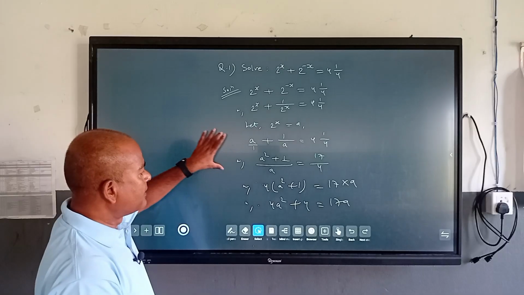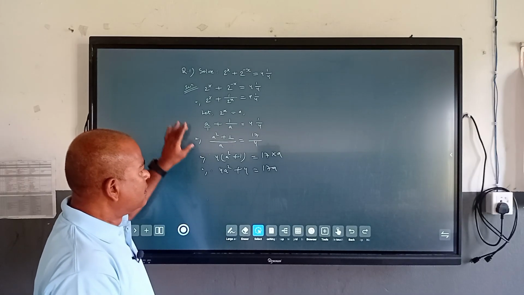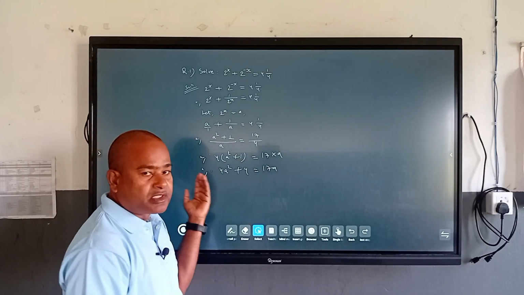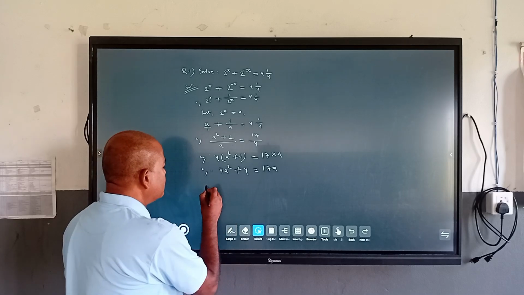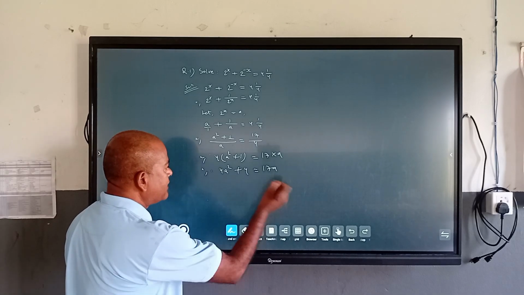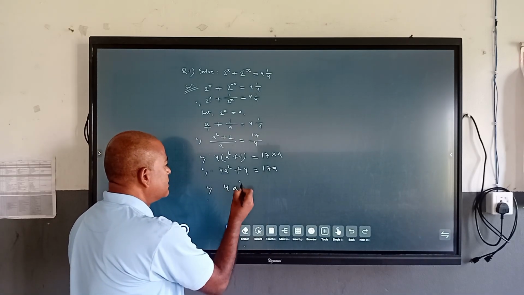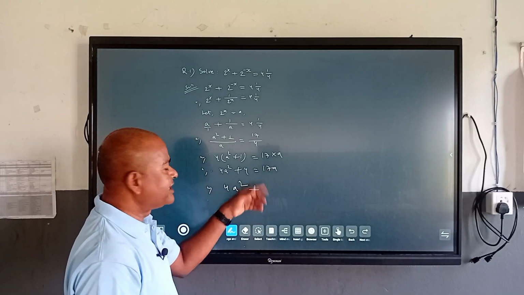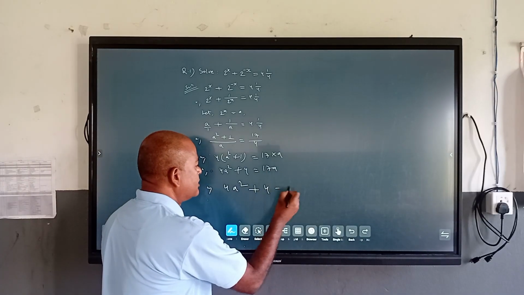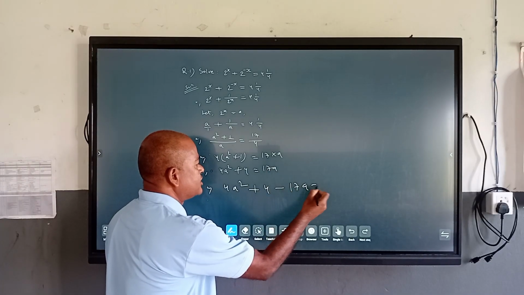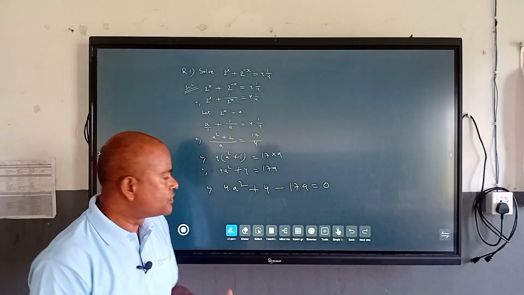Dear students, now we have to move all the terms to the left hand side. After moving the term 17a to the left hand side, plus 17a changes into minus 17a equals 0.